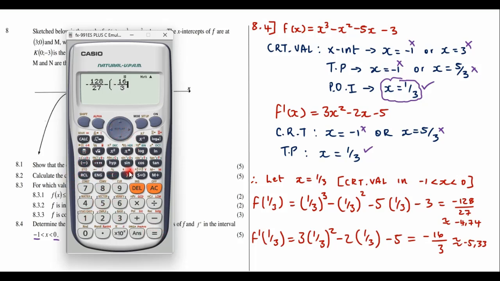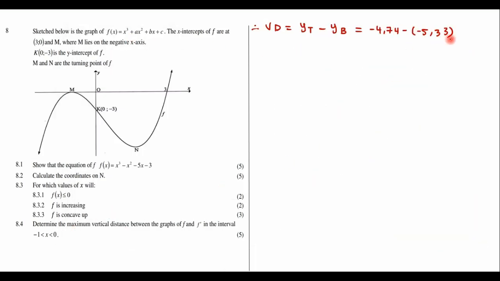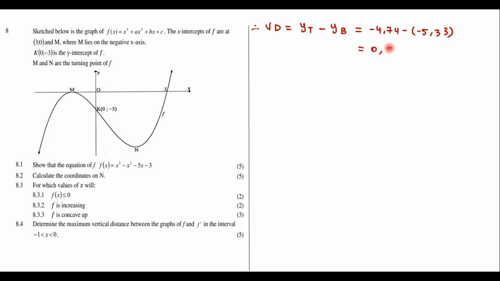Let me see what that gives me. As you can see here, it gives me 0,59, right? Which means that is going to be my vertical distance. So that will be my maximum vertical distance, and that is how we find this vertical distance.